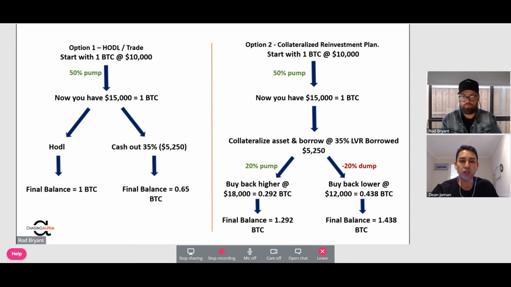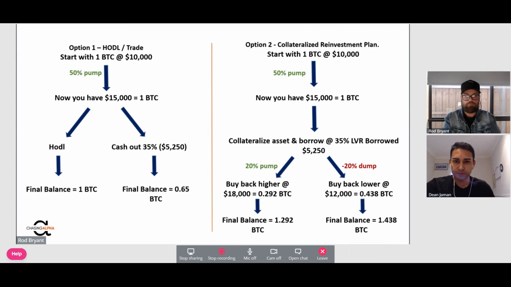You cash out, take 35% out, so you take out 5,250, and your final balance is 0.65 BTC. So it actually reduced your portfolio value in terms of BTC units. Or you can hold and not take any cash out, and you still have one BTC. If the price dumps, you still have one BTC. It doesn't really matter. You've got one unit.